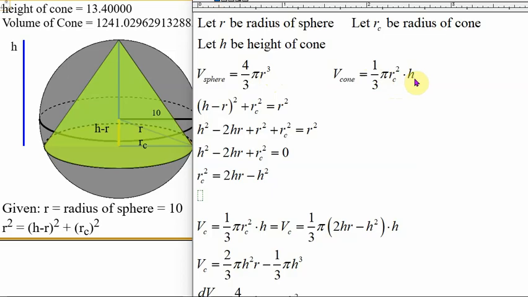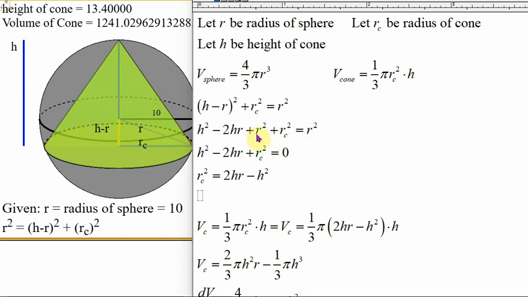the height. And then we have this relationship right here that relates the radius of the sphere and the radius of the cone. And then multiply this out, we get h squared minus 2hr plus r squared, and then plus r sub c squared equal to r squared.